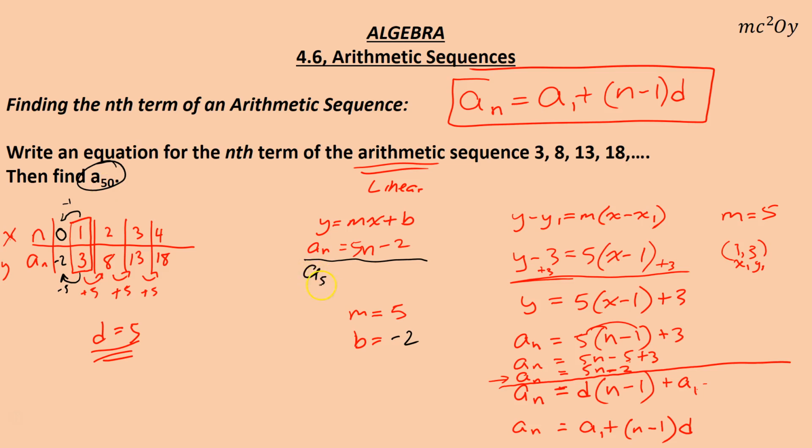A sub 50 is equal to 5 times 50 minus 2, the 50th term. Okay, so that would be 250 minus 2, or 248. A sub 50 equals 248.